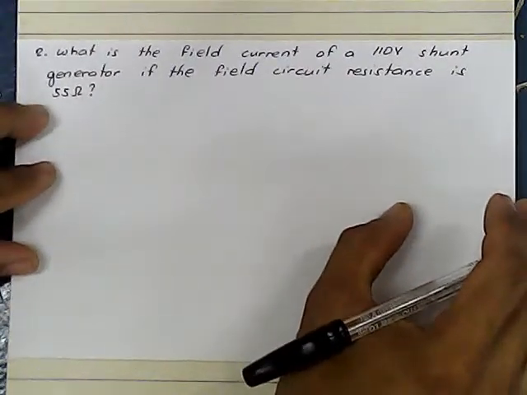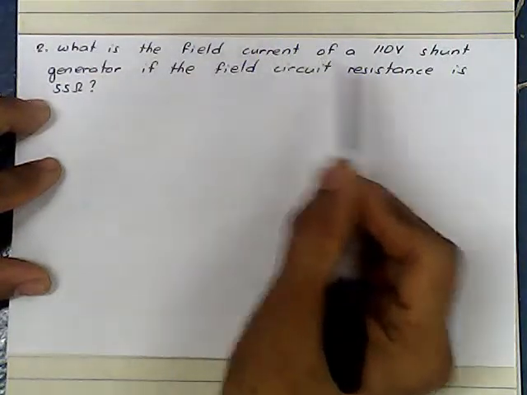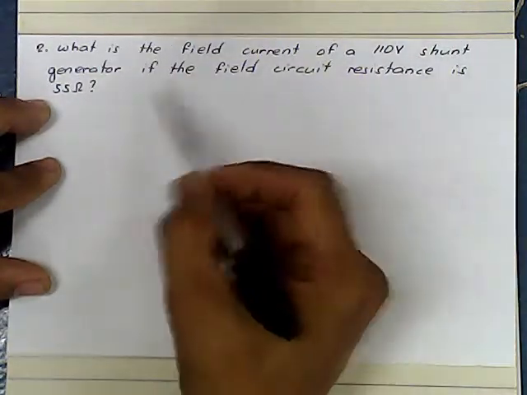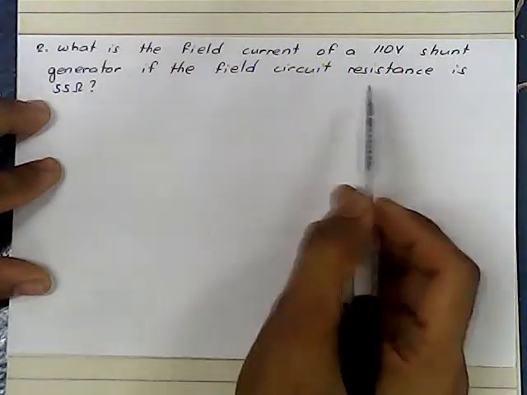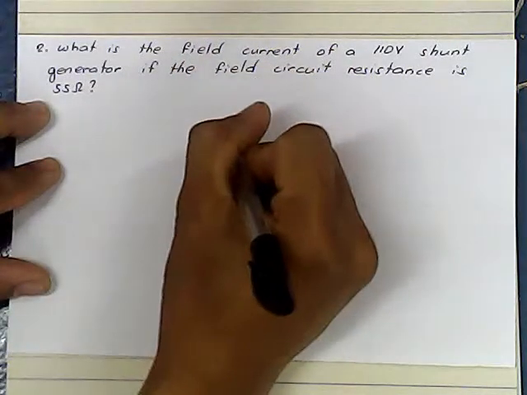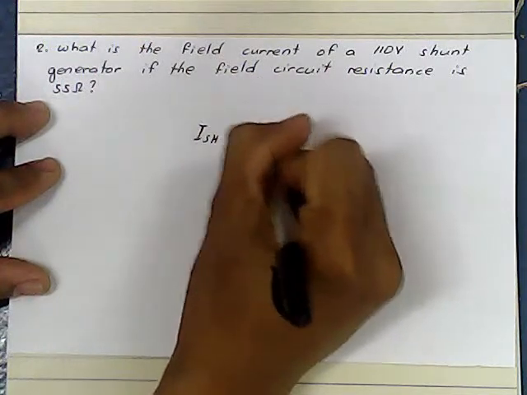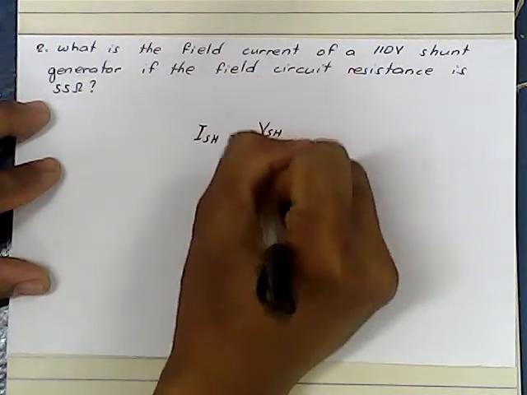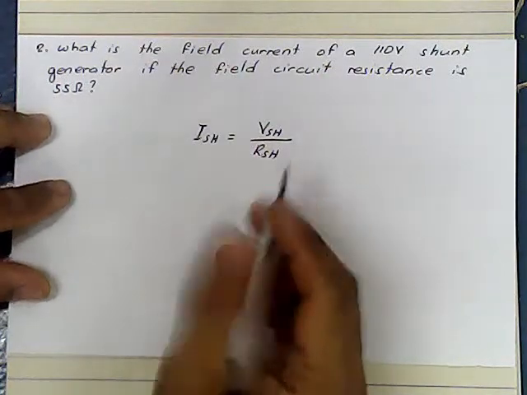Next, let's go to problem number 2. Again, the question says, what is the field current of a 110 volt shunt generator if the field circuit resistance is 55 ohms? Again, ISH is equal to VSH all over RSH, or the shunt.